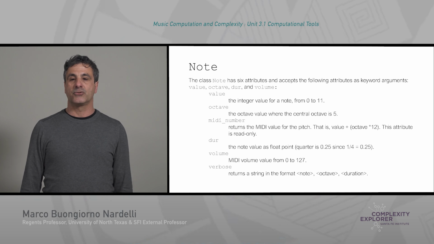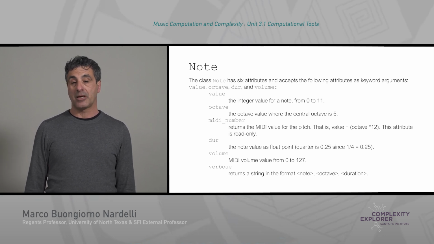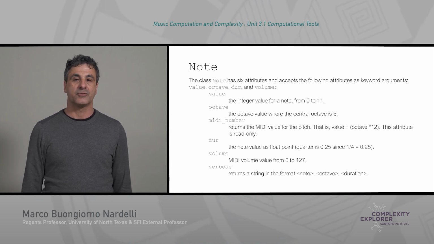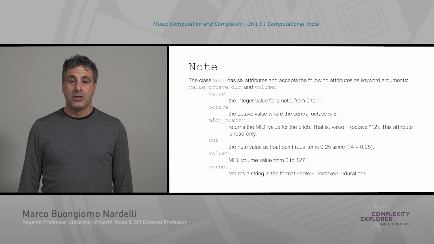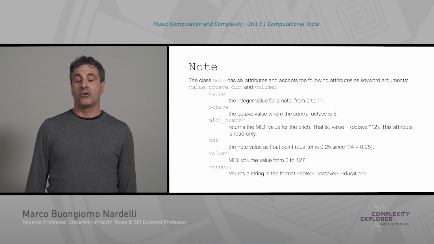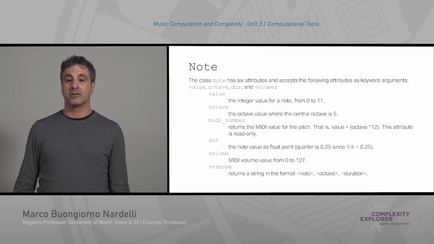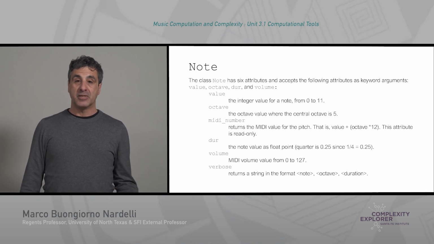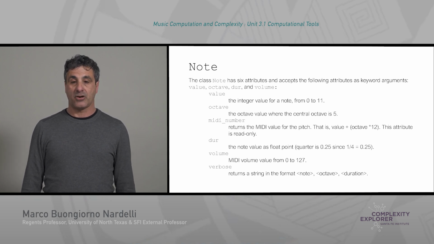In this chart, you also see the assignment in terms of pitch names and octaves, and the corresponding frequency of the fundamental vibration of that particular pitch. So Note accepts not only the integer 0 to 11 plus octave format, but also a MIDI number, a number between 21 and 108, to identify a particular pitch in a particular octave.